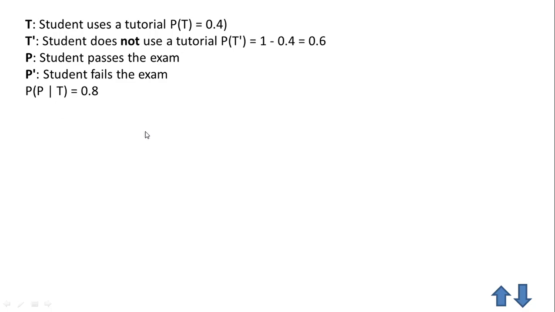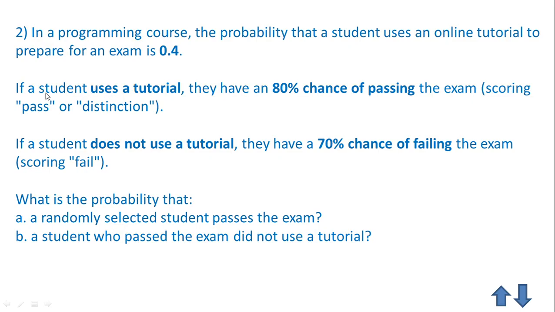Now, they are giving us a condition that if a student uses a tutorial, they have 80% chance of passing. When they give us 80%, they have given us probability. It means our probability is 80 out of 100. That is the probability of passing if a student uses a tutorial.